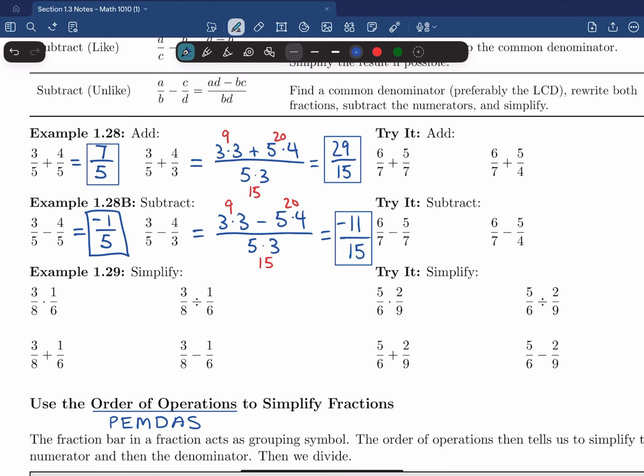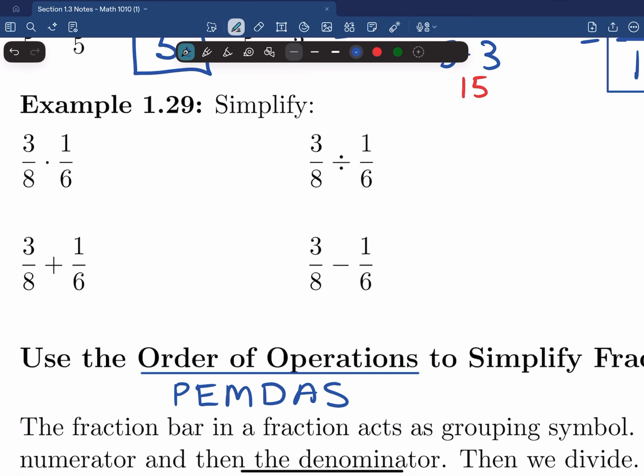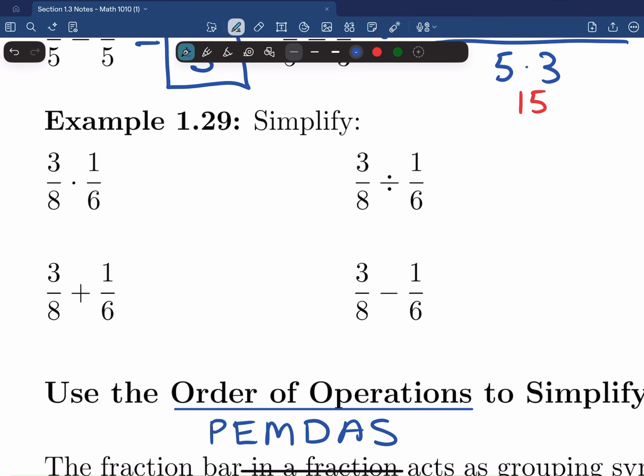Moving forward, let's put it all together. So we're going to do an example that has fraction multiplication, division, addition, and subtraction with the same two fractions. I'm going to zoom in. So 3/8 times 1/6.